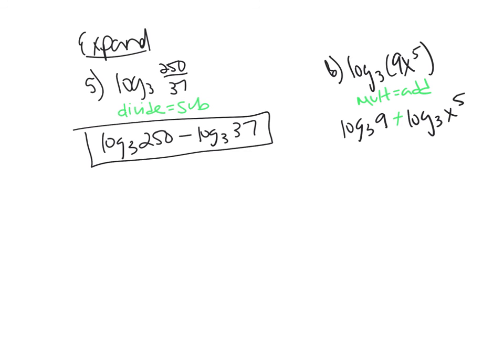Well, 9 can be rewritten with a base of 3, so this is the same as 3 squared. And the 5 I can put in the front, so this would be plus 5 log 3 of x. Well, log of 3, base of 3, those are going to cancel. We end up with 2 plus 5 log 3 of x.